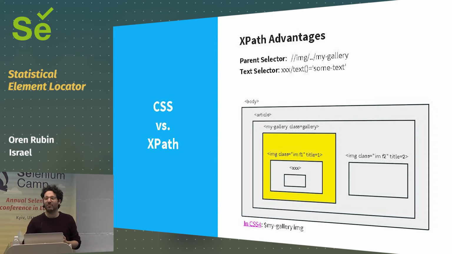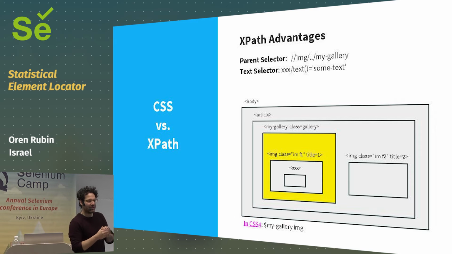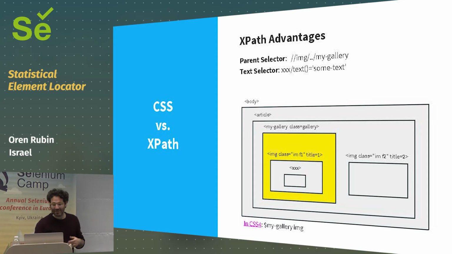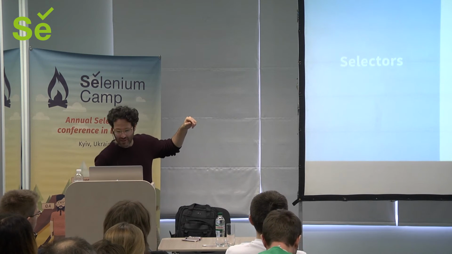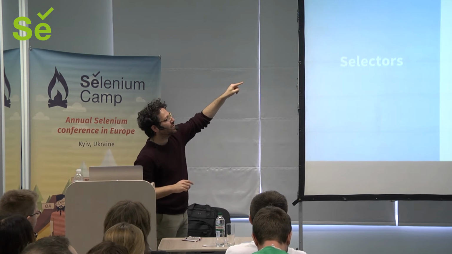XPath has a big advantage that CSS still doesn't have: parent locators. Usually, as I told you, in CSS you can find an element that has a specific parent. The browser implementation isn't looking for a gallery and then for the image.